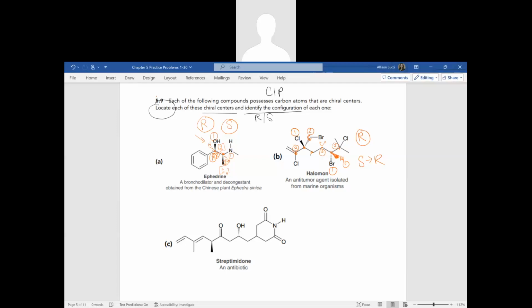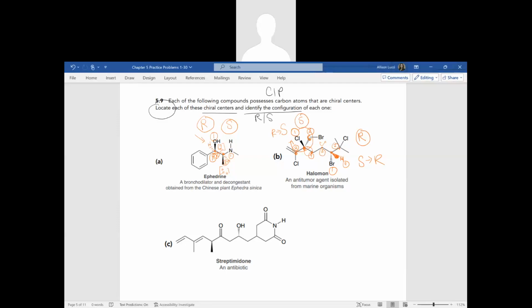And then this would be my lowest priority group over here. So my lowest priority group is not on a dash. So again, we would take a look at this site here. We would think that it would be R because it's going counterclockwise in direction, but we know we need to invert it because my lowest group down here needs to be on a dash. So for the second compound, this halomon, going from left to right, our first chiral center would be an S configuration, and the second would be R.